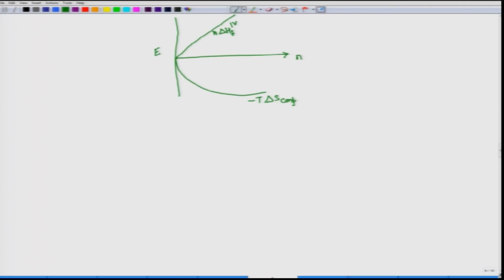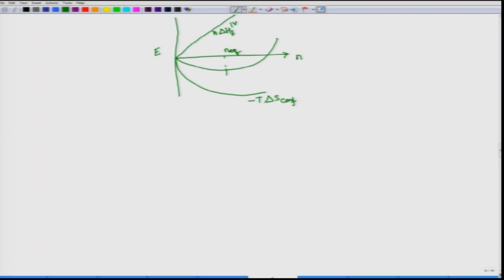This is not the formation entropy, this is the configurational entropy, and you have to keep in mind the difference between the two. The sum of these two would lead to our energy, the delta G. Somewhere over here is the n equilibrium, which is what we calculated in the previous equation.